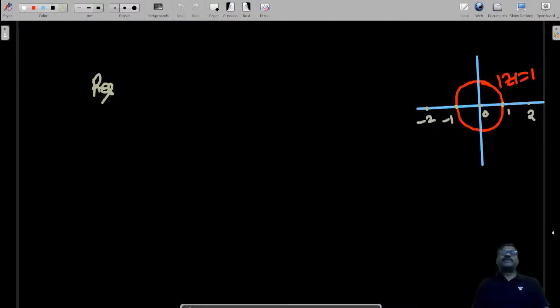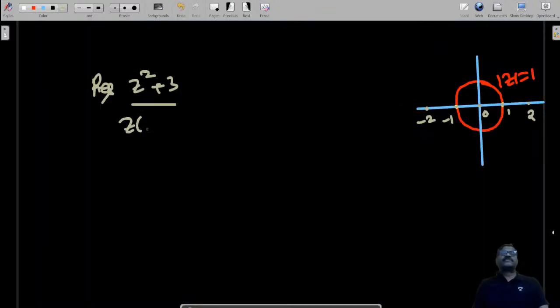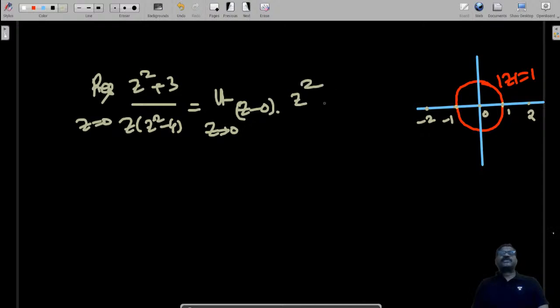Residue of z square plus 3 by z into z square minus 4 at z equal to 0 is limit z tends to 0 of z minus 0 into z square plus 3 by z into z square minus 4. Z cancels.